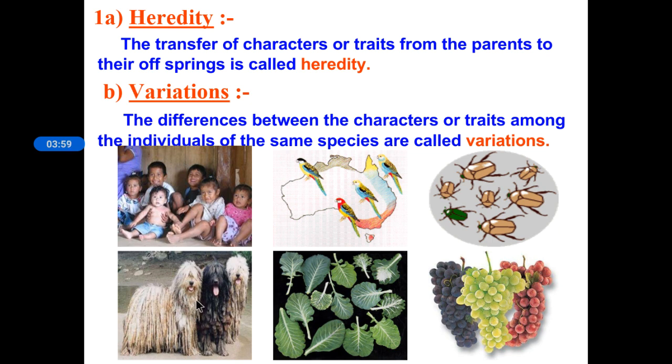Yes, these are the variations. The variation may be of different kinds, like in the human species itself, like earlobes. A few will have earlobes which are attached, or maybe free also. So these are the variations which can be seen.